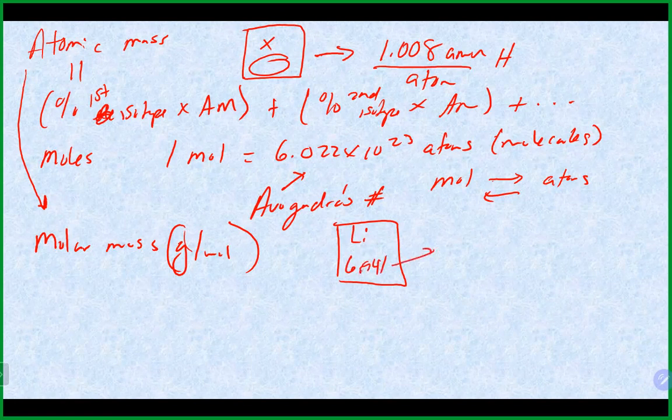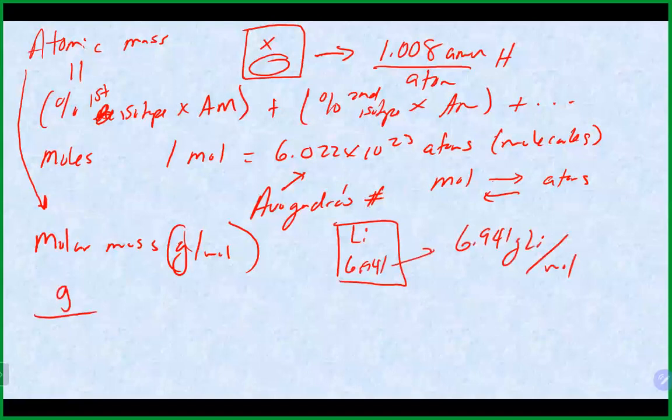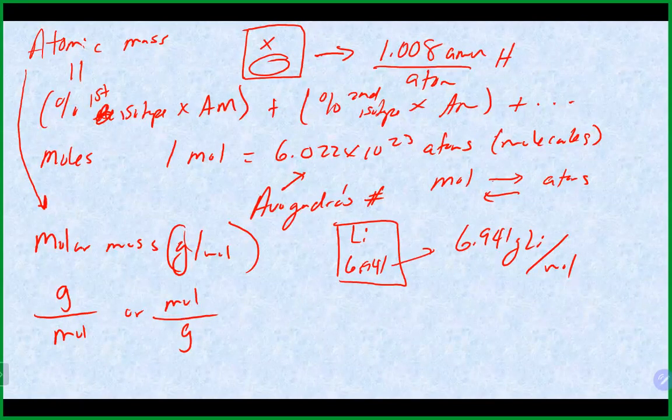There would be 6.941 grams of lithium per mole. And we really can use molar mass as a conversion factor. We could use it as grams per mole, or moles on top per gram. And it's important that when you calculate the molar mass, the number always stays with grams and it's always 1 mole. It's never more than 1 mole when you're doing the molar mass.